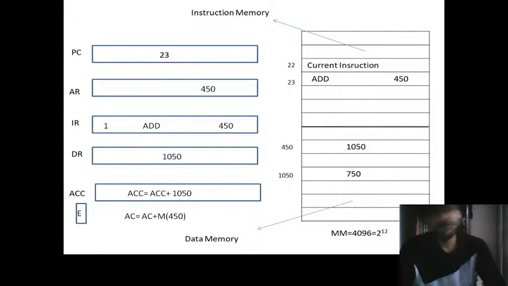But in most of the advanced architectures, all the registers are provided with extended registers. Why? We are going to discuss later. Not to store the result, but there is a specific purpose to extend even the data register. So we are going to understand all such things in the upcoming sessions.